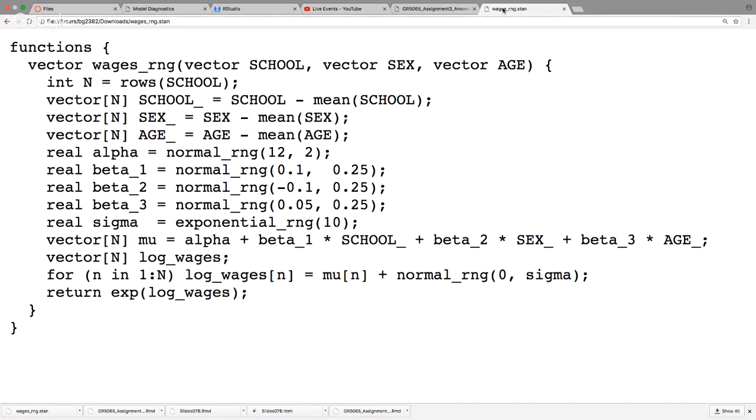I don't think it's particularly controversial to say the more school you have, the better, although not so much. Not controversial these days to say women get paid less. Not controversial to say older people get paid more than younger people.